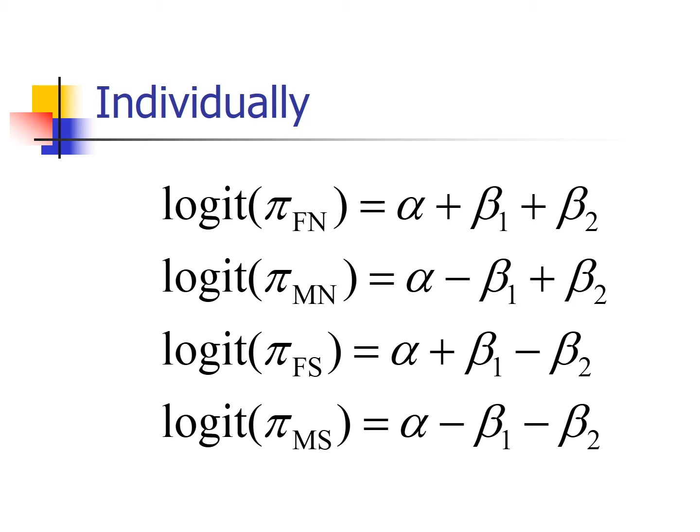So now the logit for a female non-smoker is going to be alpha plus beta 1 plus beta 2. The logit for a male non-smoker is going to be alpha minus beta 1 plus beta 2. So go back to the previous slide, look at that model equation, and make sure that you could derive these log odds formulas based off the equation that we had last slide.